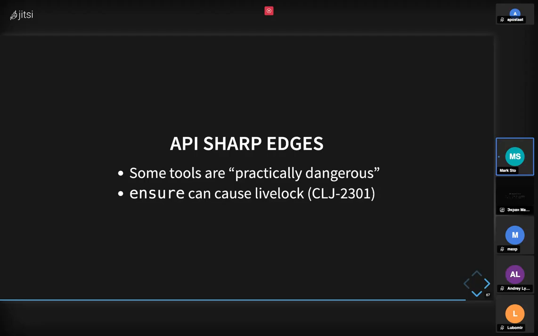There is even a still open CLJ-2301 ticket for hopefully sometime fixing that. So Clojure docs explicitly have a note that ensure can seriously damage performance being prone to livelock, and recommend doing a set of a ref instead of dereffing its value.